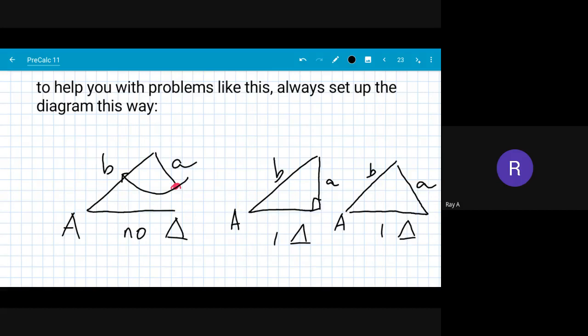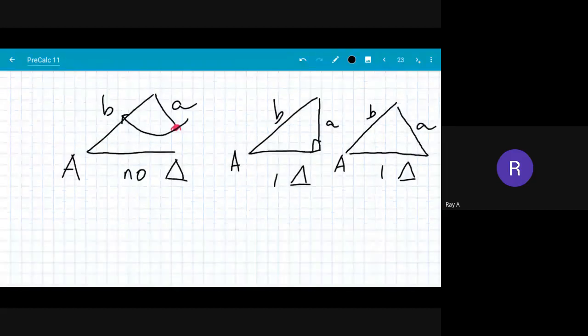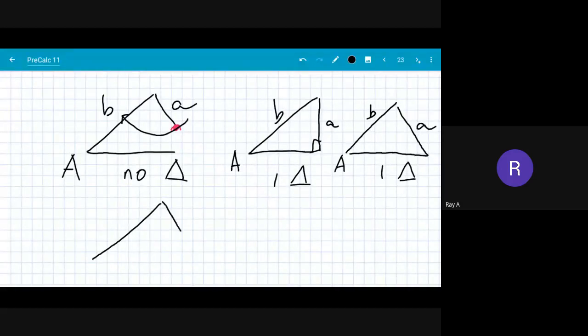Now, if you're thinking, all right, so no triangle, there are two possibilities to create one triangle, then what about if there were two triangles? Well, do you remember the first one that I showed you, wherein it looked like this? This is just a quick sketch of it. This one was 30 degrees.